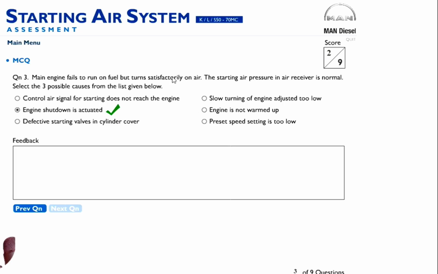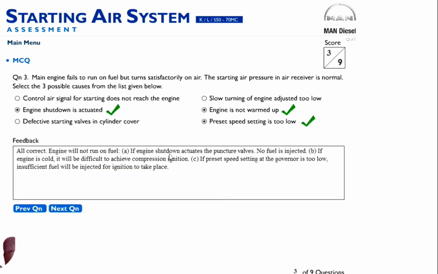No, it's turning satisfactorily, it says. Engine is not warm. Okay, for that reason we need compression, and if the engine is cold, the compression of air will be lower. The present speed setting is too low in this one.